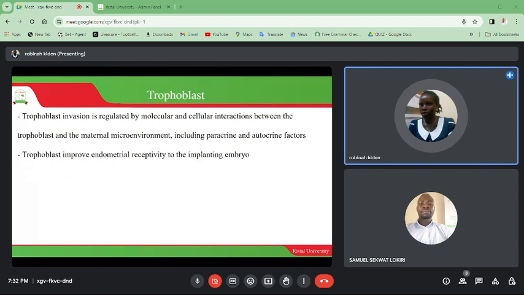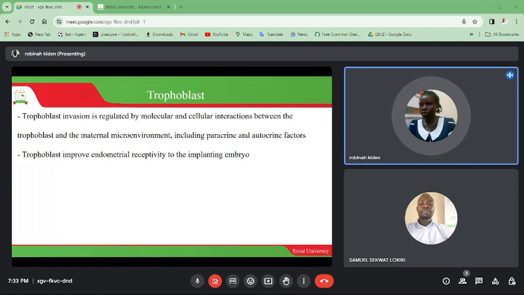Trophoblast invasion is regulated by molecular and cellular interactions between the trophoblast and the maternal microenvironment, including paracrine and endocrine factors. The trophoblasts improve endometrial receptivity to the implanting embryo to make sure that it attaches itself firmly, but again, not deeply into the myometrium.